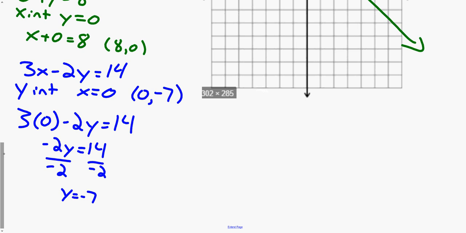All right, let's try the next one, my x-intercept. Wait, why is it minus 7? Well, I have to divide by negative 2. Oh, that's right. Now for the next one, y equals 0, so all I'm going to do is plug that in.